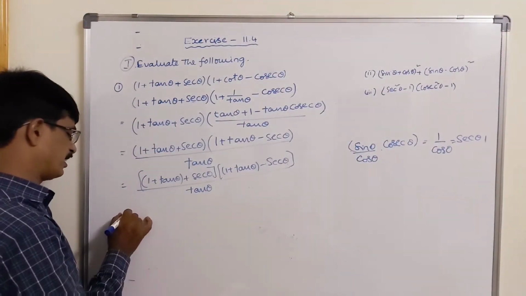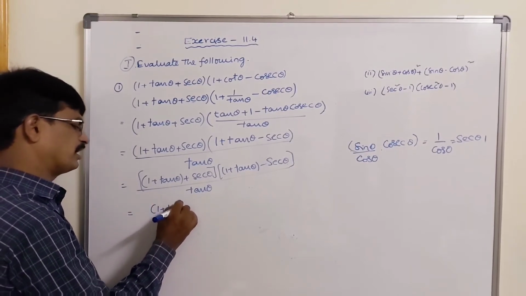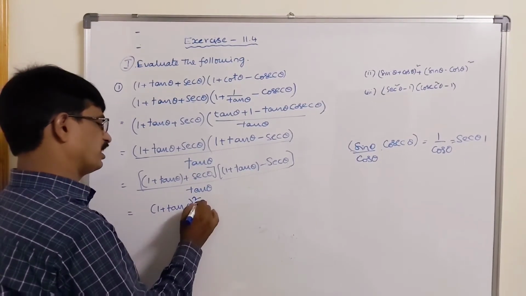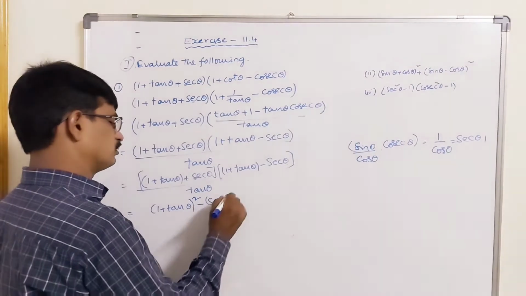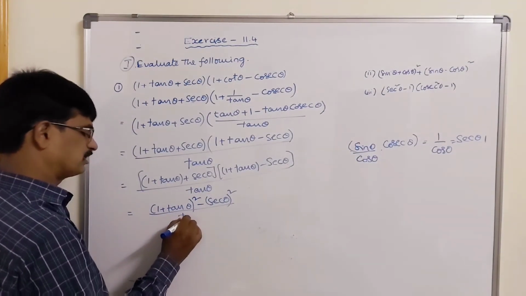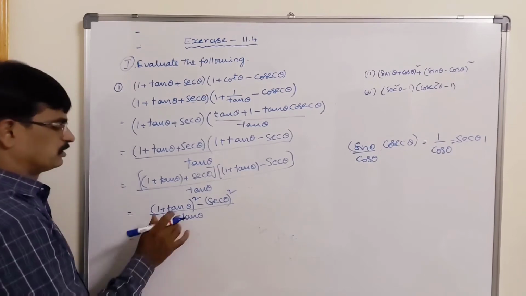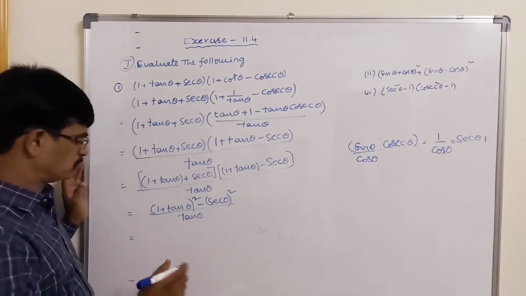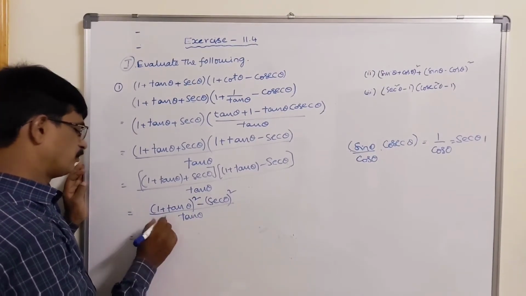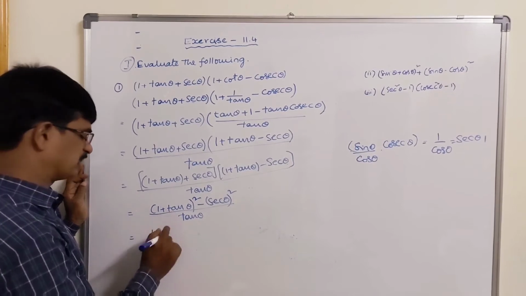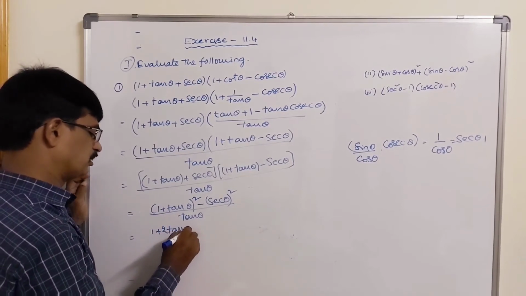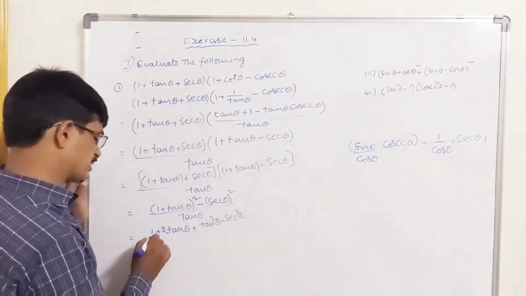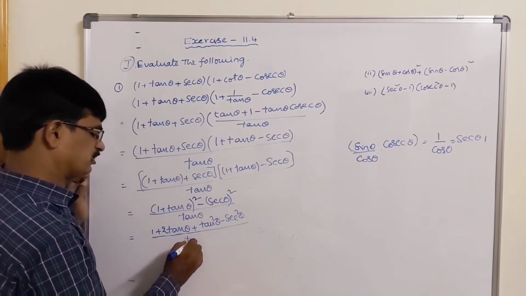That is a square minus b square: (1 plus tan theta) whole square minus secant theta whole square by tan theta. Now expand (1 plus tan theta) whole square using a plus b whole square: 1 square means 1, plus 2ab, a means 1, b means tan theta, so 2 tan theta, plus b square means tan square theta, minus secant square theta, by tan theta.